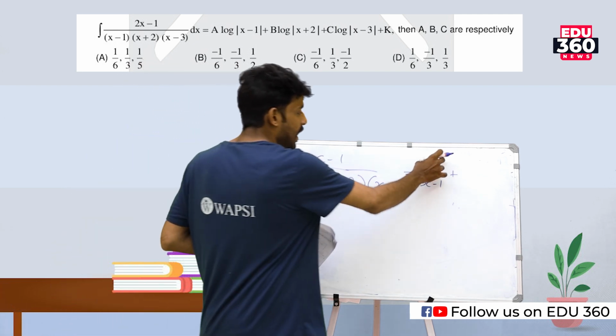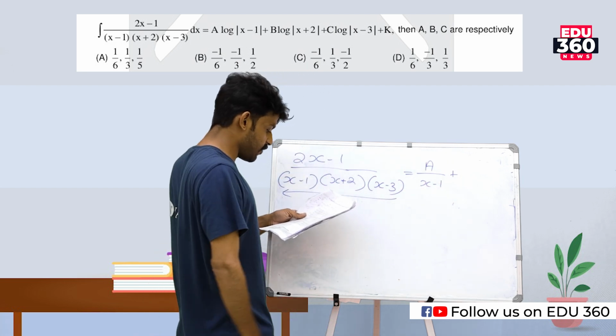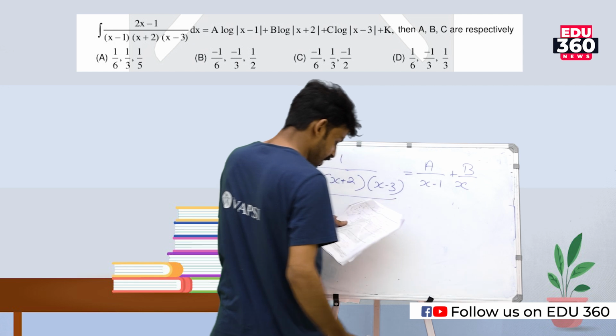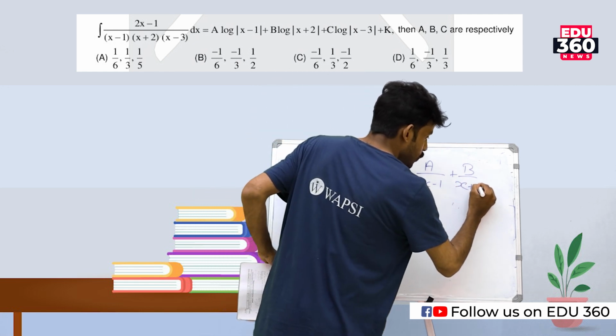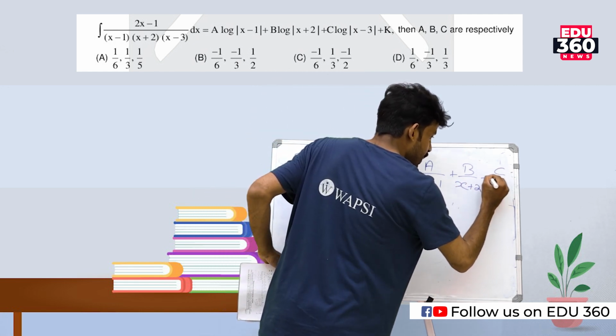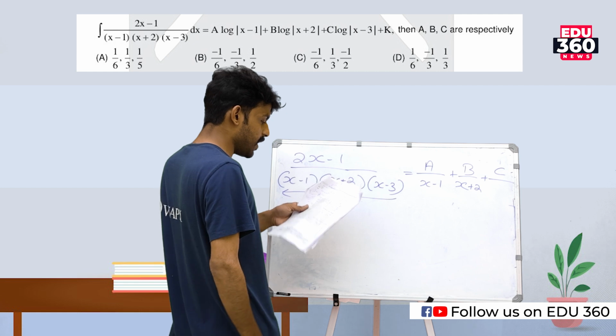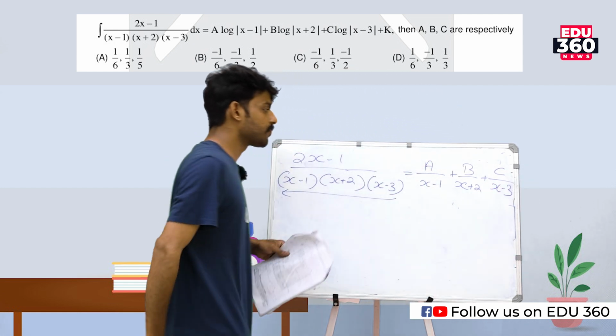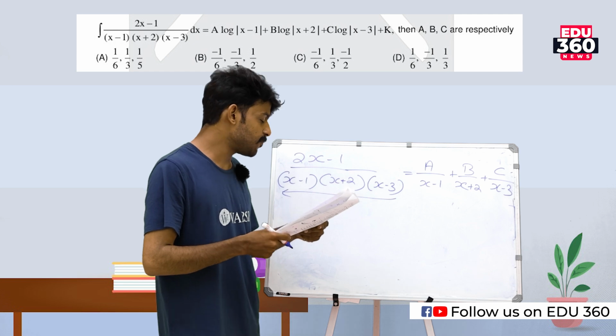So hereafter we can write it as a divided by x minus 1 plus b divided by x plus 2 plus c divided by x minus 3. We are just considering the left hand side.